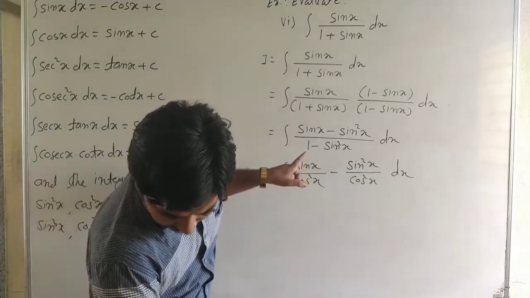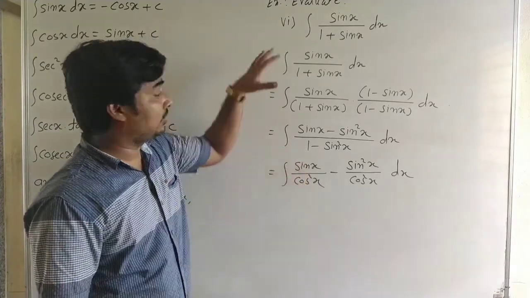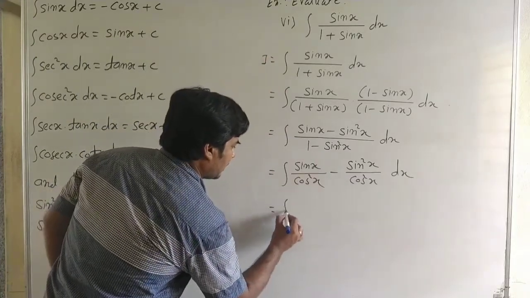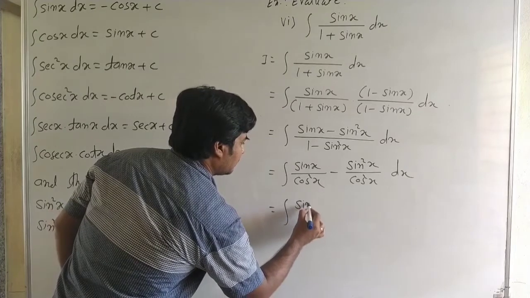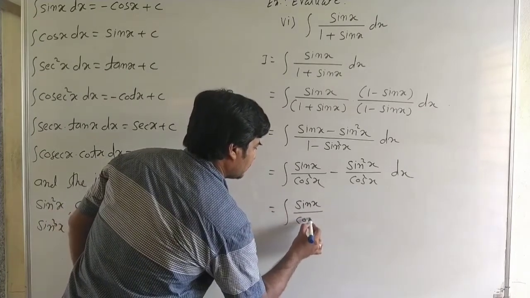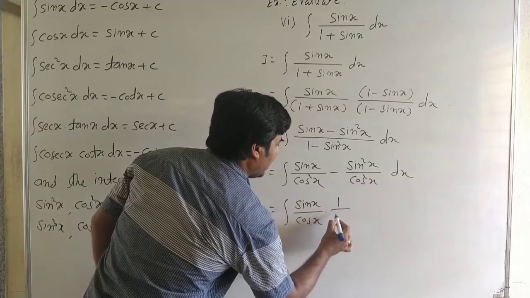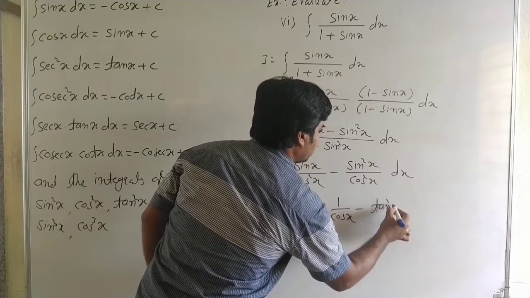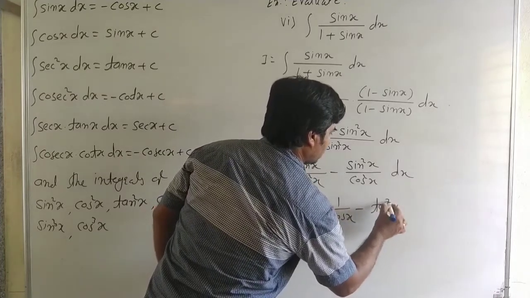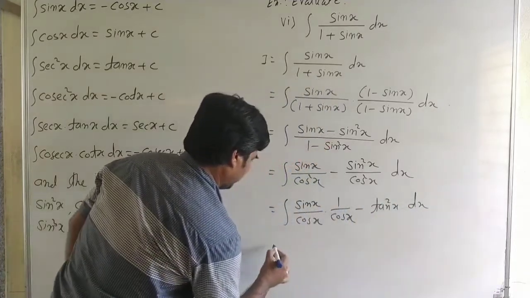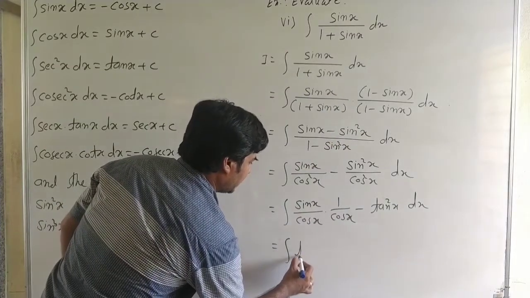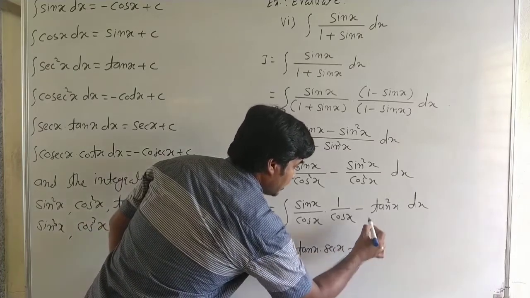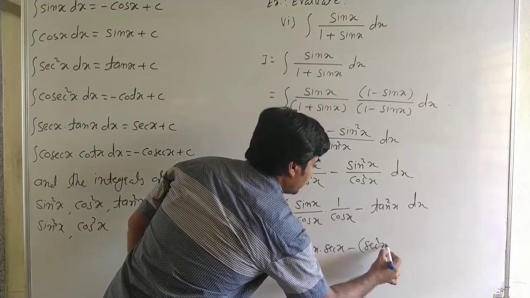Sin x upon cos square x, it is the third example of this exercise. Same procedure. It is sin x upon cos x into 1 by cos x minus tan square x dx. And now here the integral of tan x into sec x minus, see carefully here, sec square x minus 1.